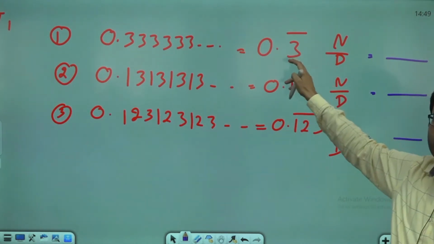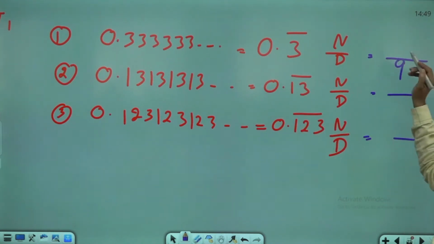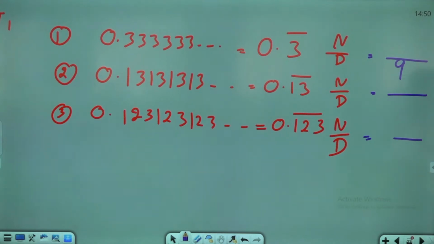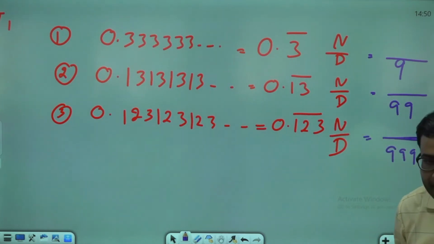How many digits under the bar? 1, so one 9. In the second question, how many digits under the bar? 2, so 99. In the third question, how many digits under the bar? 3, so triple 9. Very simple. We will put as many 9s as many digits under the bar.